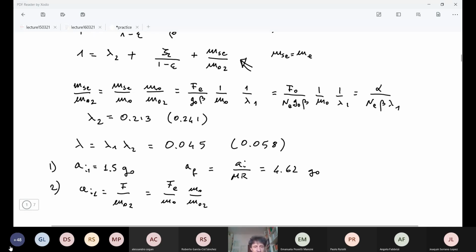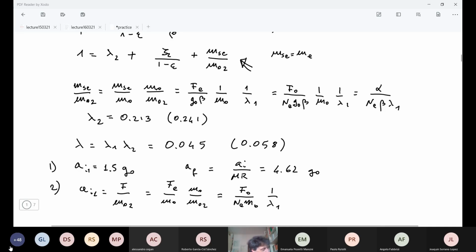And so this will be F0 divided by N, and here I will have F0 over NE M0. And this will be again 1 over lambda 1.